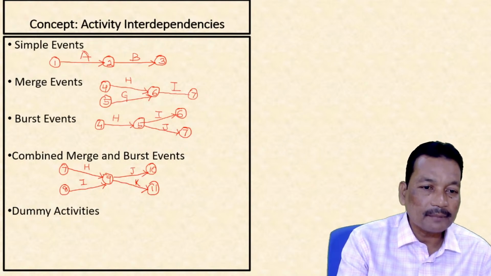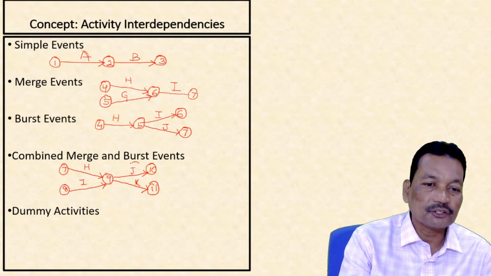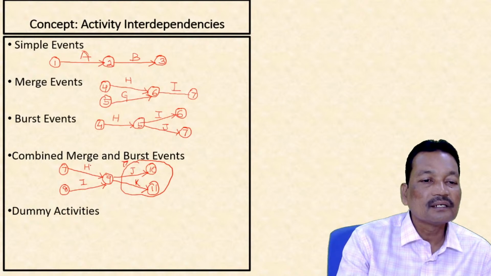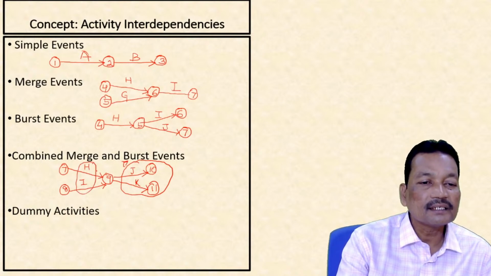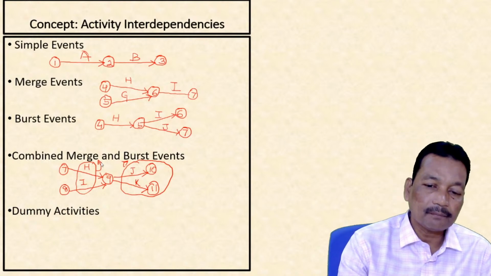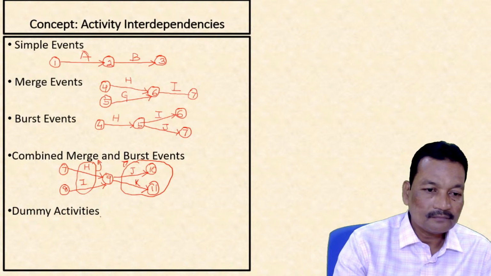So here we are having merging and here we are having burst. So both merging and bursting are happening together.